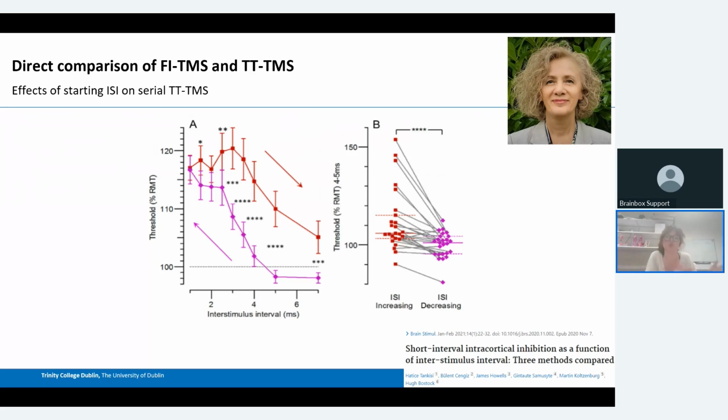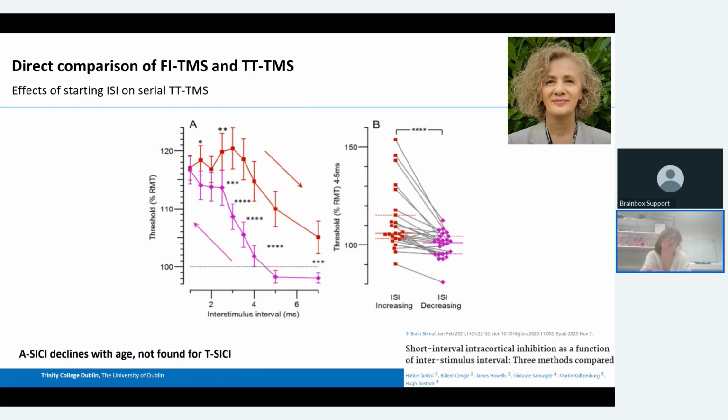They were all biased towards the first value. Whereas the opposite was true if they started at the higher end. So if they started at a 7 millisecond interval, all the SICI estimates were lower. They all seemed to be pulled towards the initial value. So it seemed to be essentially smearing the threshold values or biasing them across the interval. So it's really important to avoid such a bias if you're looking at doing a study across interstimulus intervals.